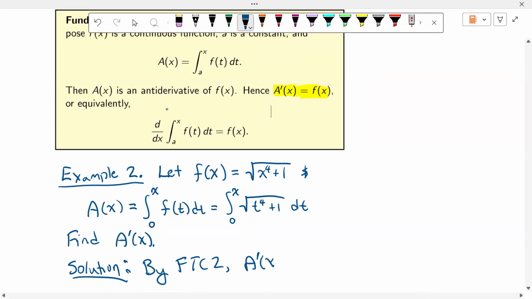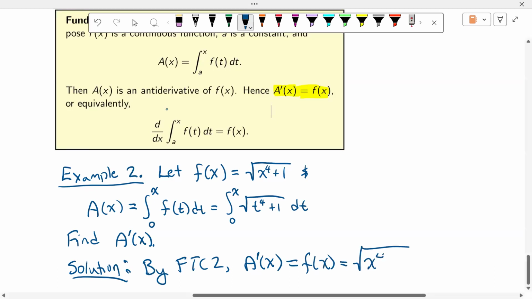A prime of x is equal to, all right, does anyone see what is A prime of x equal to? According to FTC2. Yeah, that's it. It's equal to f of x or that. Done.